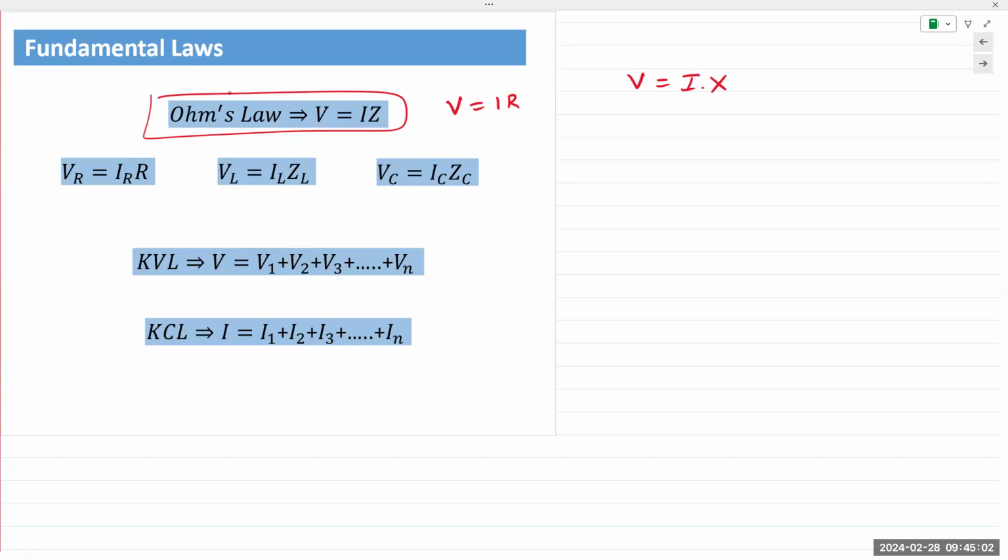So for a specific resistor, you apply Ohm's law, it becomes IR, the current for that resistor, times R. For the inductor, the inductor voltage VL is simply IL times ZL, the impedance of that inductor.